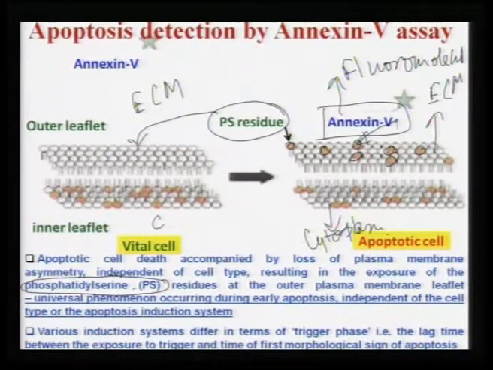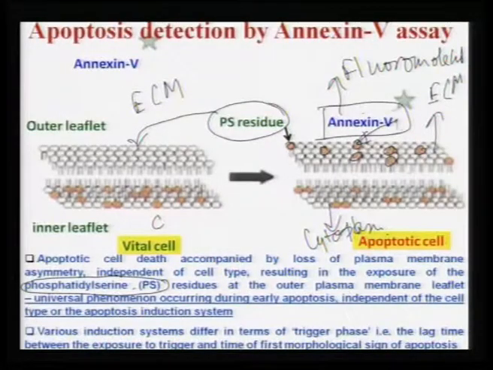So, when a cell is undergoing apoptosis, annexin 5 comes and attaches to the PS molecules. The more data points you have, the more cells have annexin 5 attached during apoptosis. When annexin 5 is negative, the cells are live cells.